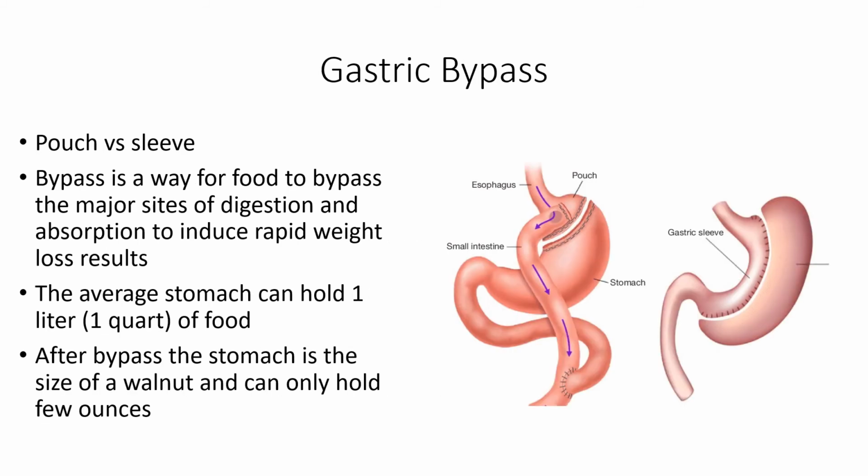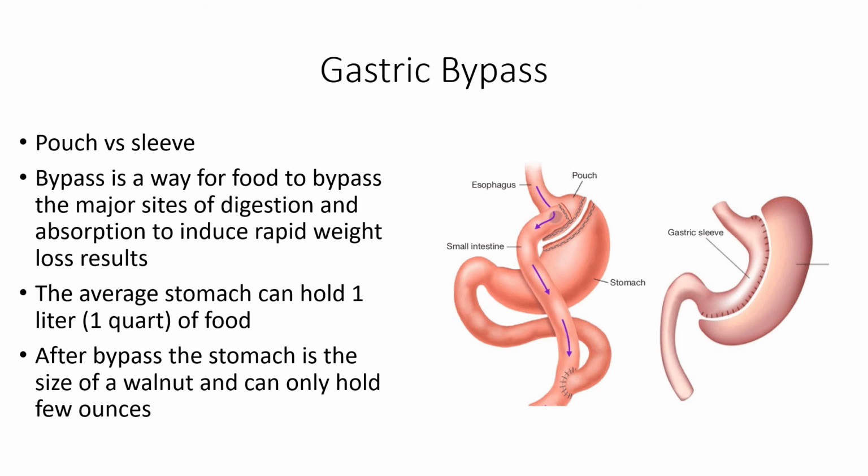If you are as much of a fan of the TLC show My 600 Pound Life as I am, then potentially you have heard of and maybe know what a gastric bypass is. On this slide, I have two types of gastric bypasses, a pouch and a gastric sleeve.